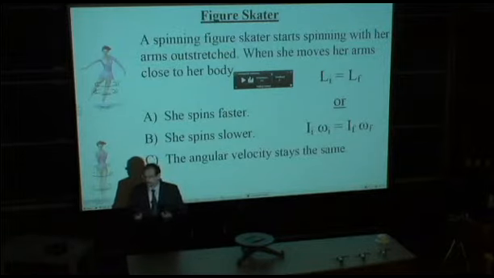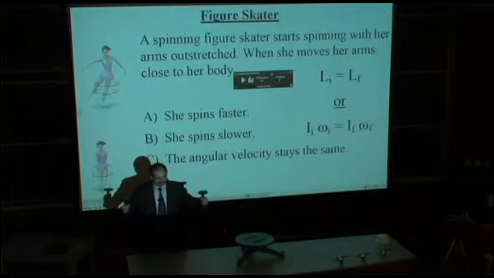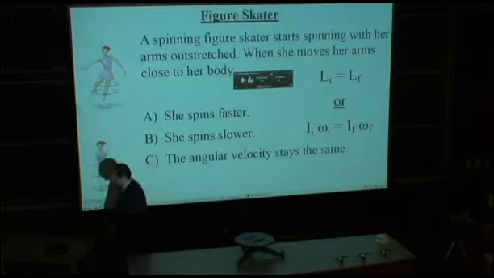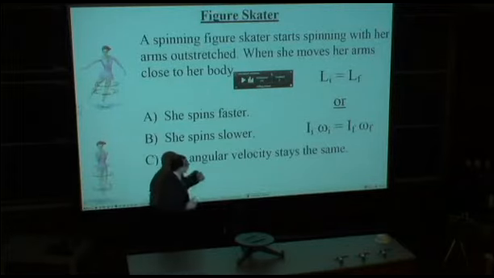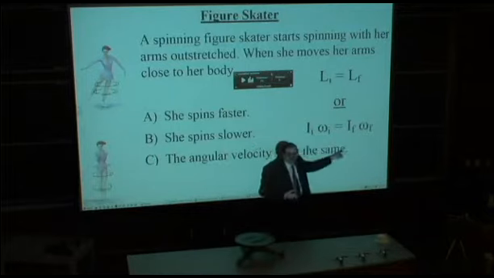Mass distribution changes. As we know, if we move objects away from the axis of rotation, inertia goes up. If we move it closer, inertia goes down. So in this situation, this variable goes down.